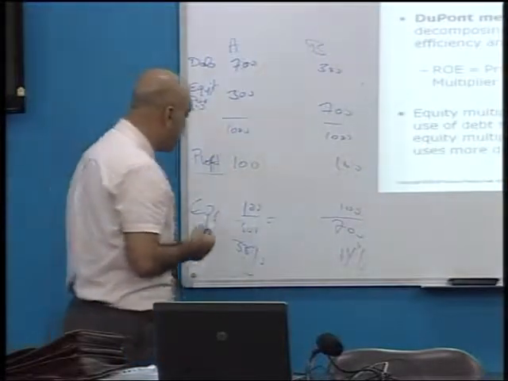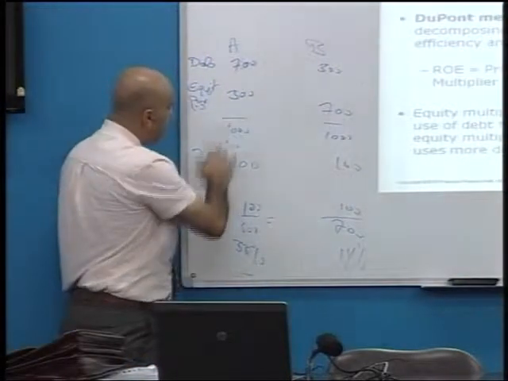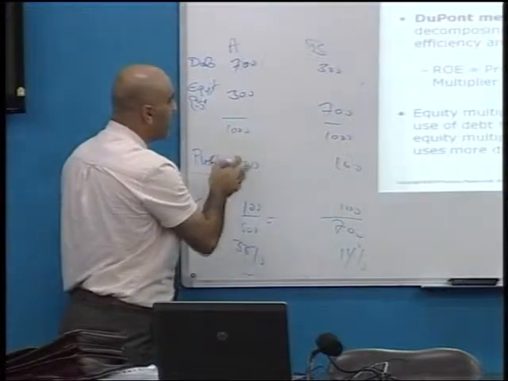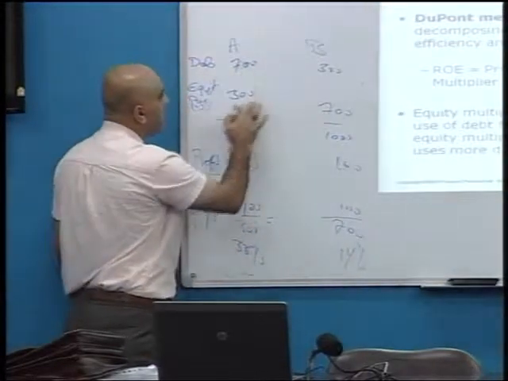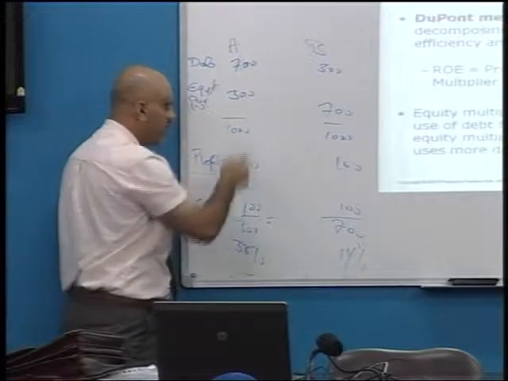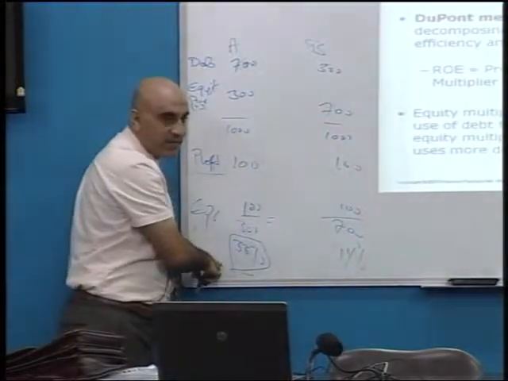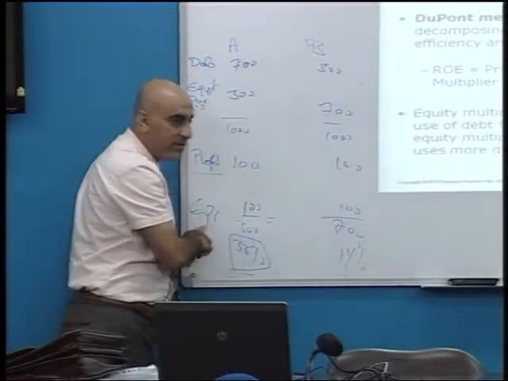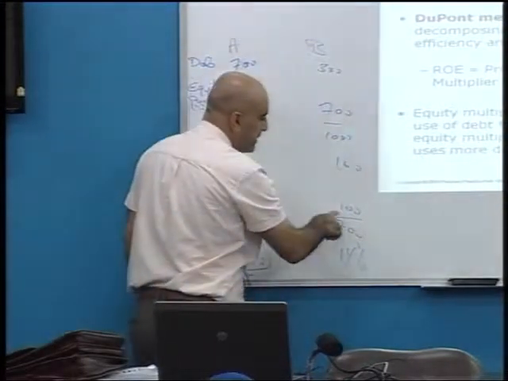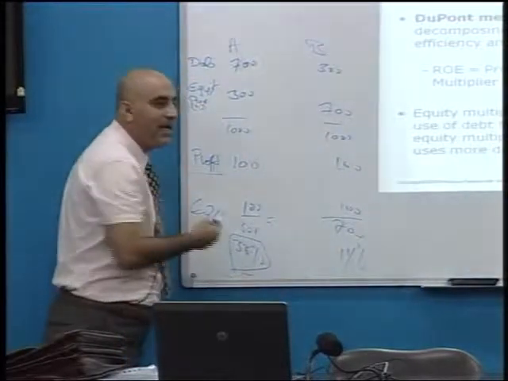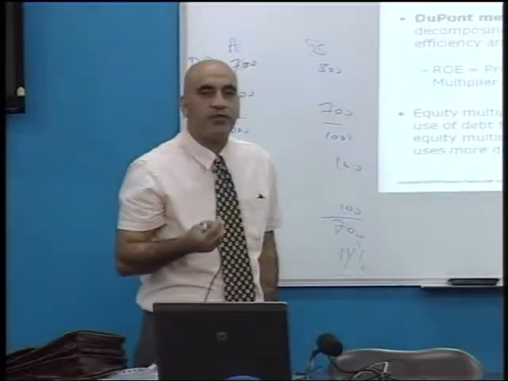So in this case, the profit is the same, but what is the difference is the capital structure. Here we depend on more debts. So what is the result? We end with 33% as EPS, and here 14% as EPS. So if we invest $1 in this company, we will generate 33 cents.